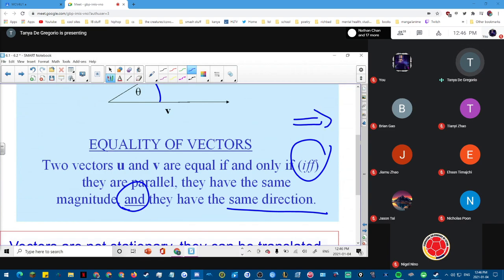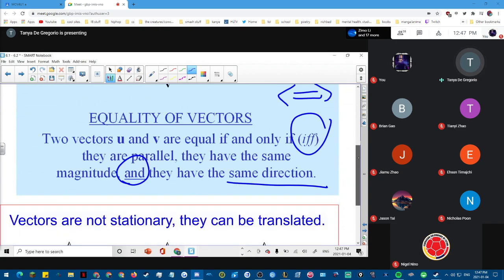So this is the symbol for if and only if. What that means is, if I tell you that two vectors are equal, then you can assume they are parallel, they have the same magnitude, and they have the same direction. Or I can tell you two vectors are parallel, have the same magnitude, and have the same direction, and then you can conclude that they are equal. You can go both ways.